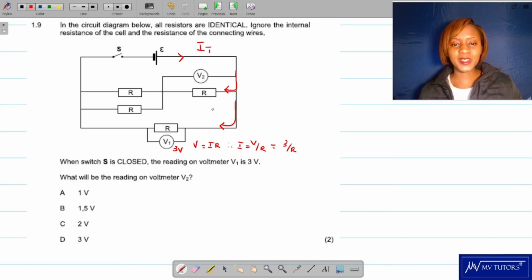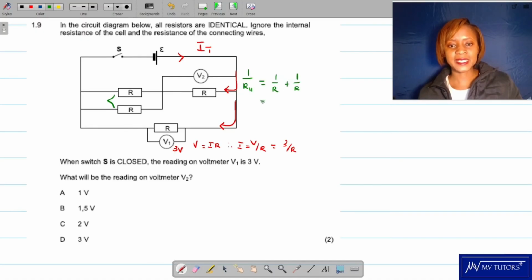So firstly, there are a lot of resistors here and I want to get one resistor. These two are in parallel, and what do we do when we calculate resistors in parallel? We say 1 over R plus 1 over R, that's actually 2 over R. But the resistance now in parallel is actually half R.